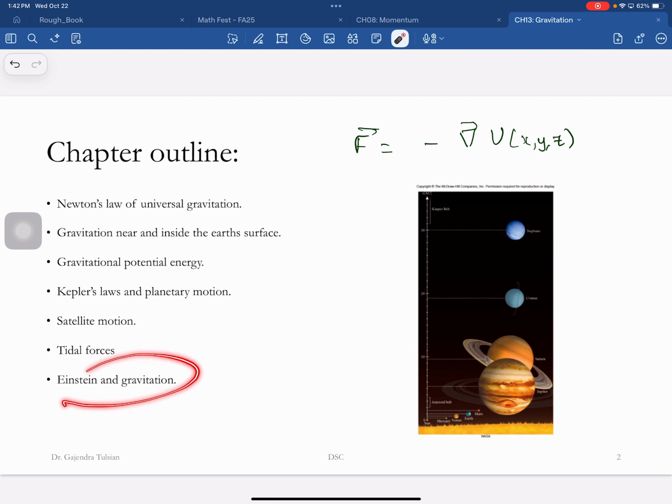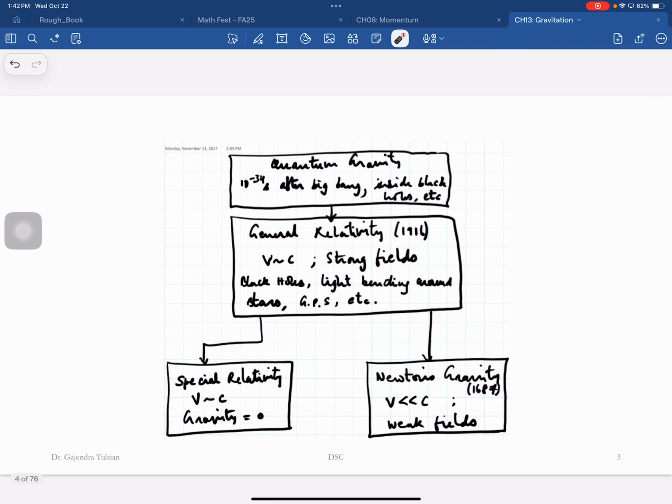So in Einstein and gravitation, we'll talk about the improvement on Newton's theory, okay? So Newton gave us the theory of gravity in, let's say, 1700. Einstein gave us his theory 250 years later. So this was an improvement on that.